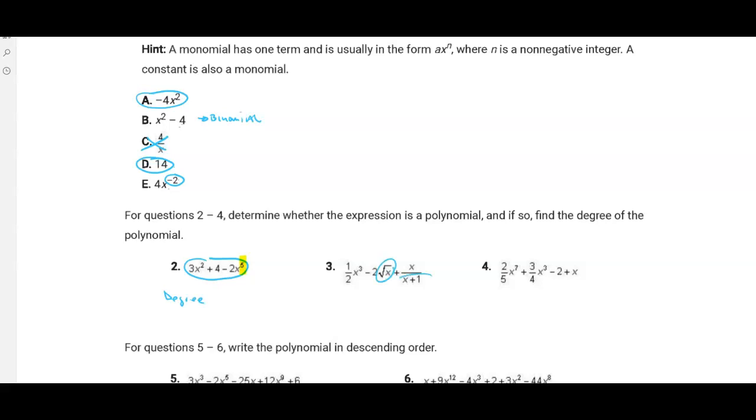Anytime you have a square root or variables in a denominator, this is not a polynomial. And the next one, I have x to the 7th, x to the 3rd, minus 2x. This can be a polynomial, and the degree of this would be degree 7. Okay?